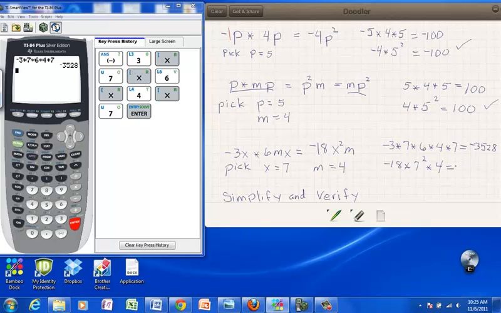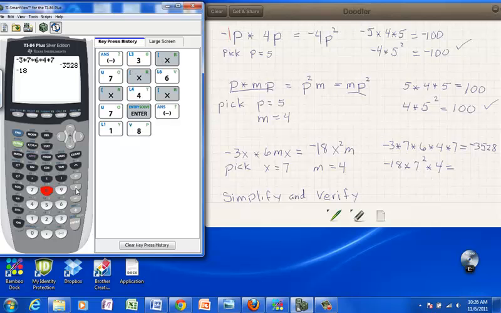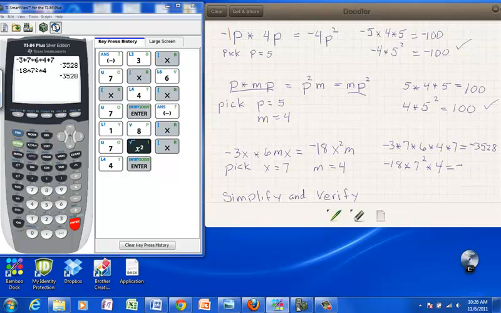And our second one matches. Notice when you're doing this that your second one, your simplified one, is always a lot easier to put into the calculator, which is one of the reasons why we like to do that.